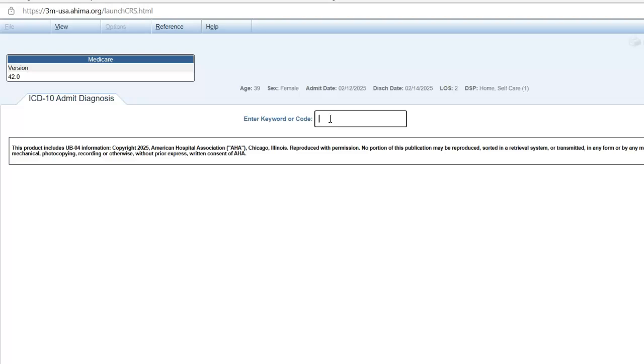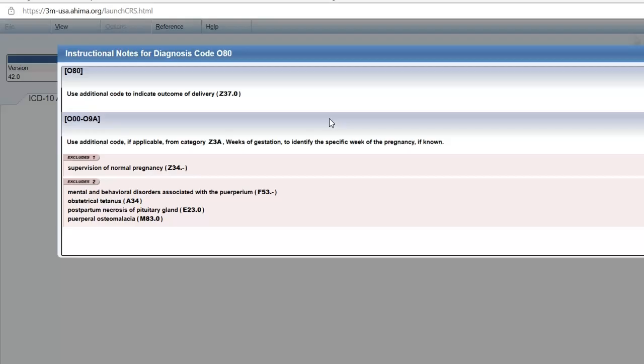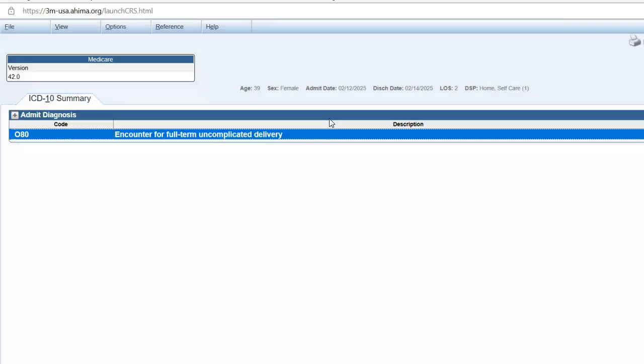For the sake of time, I'm just going to enter the normal delivery and pregnancy code, which is the 080. Again, this patient was not normal pregnancy, but this is just a placeholder. So I'm just putting that in to demonstrate how we can just enter a code here. So we're going to hit continue.